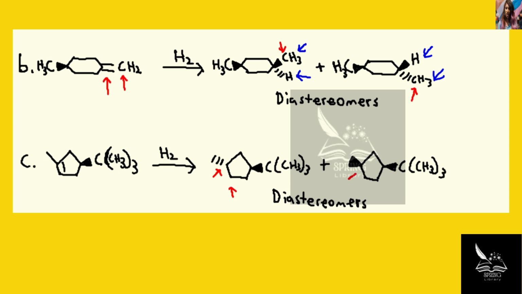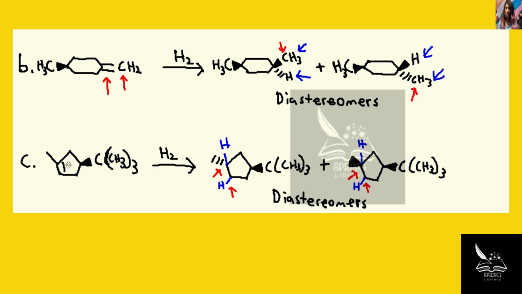So again, there and there. And then if we wanted to show the hydrogens that were added by the hydrogenation, they would be there and one there. And then again over here, same thing, one there, one there. And again, this reaction gives us a pair of diastereomers as well.